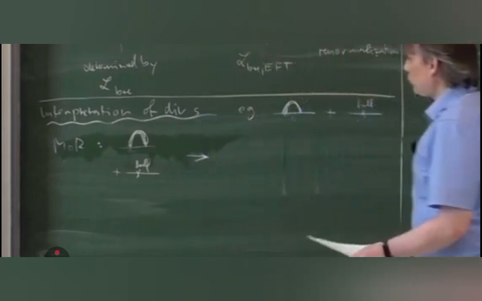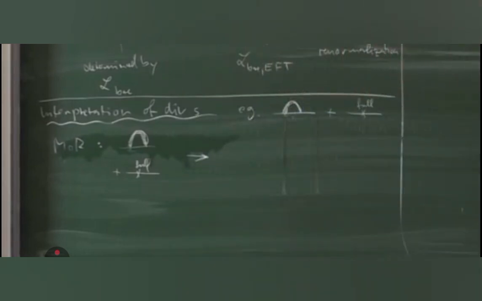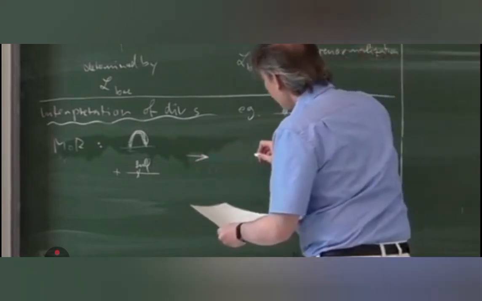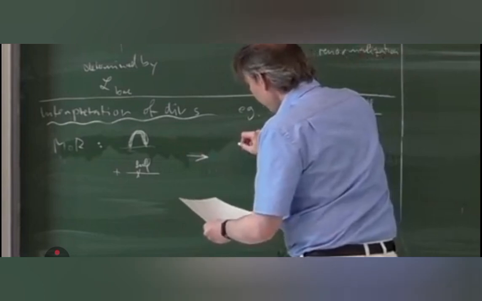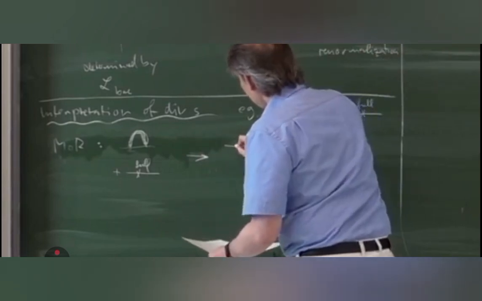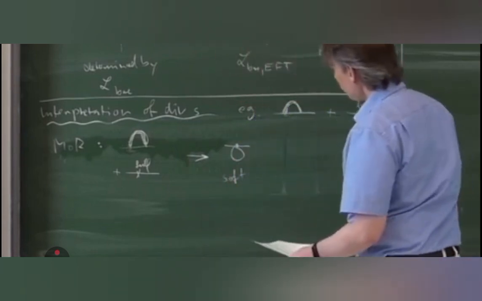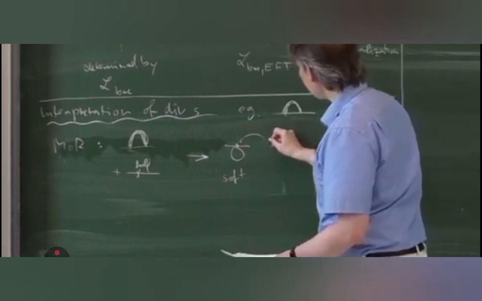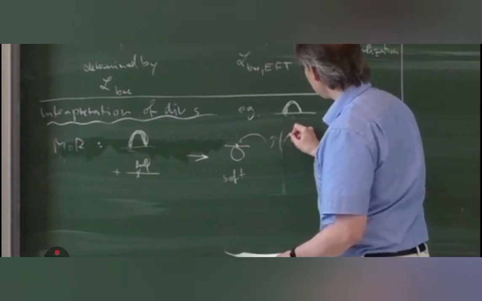But what happens if we apply the method of regions to the loop diagram? Then we have now experience with this. The loop diagram becomes a sum of two. Namely, on the one hand, we get here the soft diagram, where the effective vertex here comes from a Taylor expansion of just the heavy line.